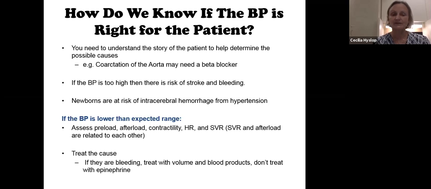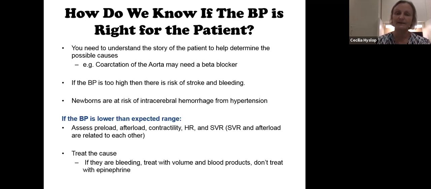For a coarctation of the aorta, we don't want that patient to have systemic hypertension post-op because we might have a breaking of or bleeding through the sutures. Often we repair coarctation of the aorta by cutting out the narrowing and suturing the aorta together.